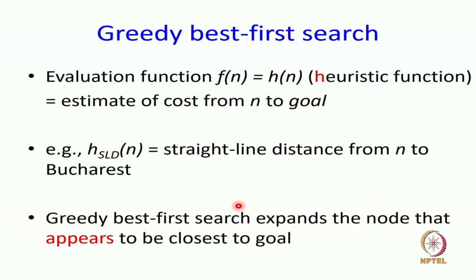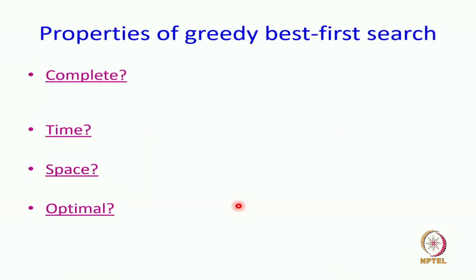And for example, we just did one kind of h function, it is the straight line distance from n to the goal, Bucharest. Everybody with me? Any questions? So, now comes the important question, is it a good algorithm?